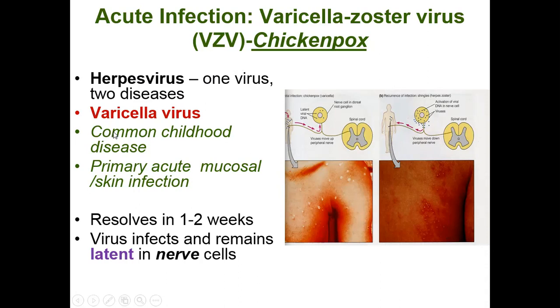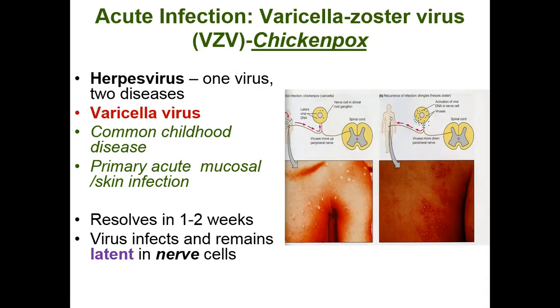It's a common disease of childhood, and the primary site where the virus causes infection is in mucosa or skin, where the virus causes primary acute mucosal or skin infections. The disease usually resolves within a couple of weeks. However, the virus will remain latent in the nerves.